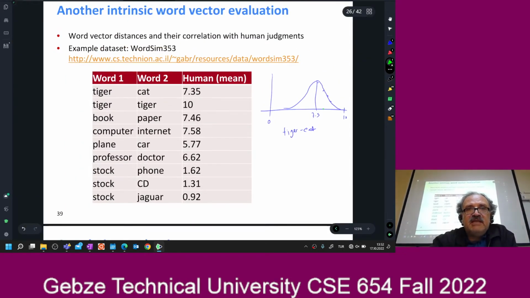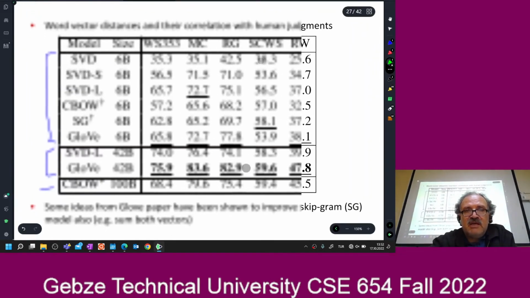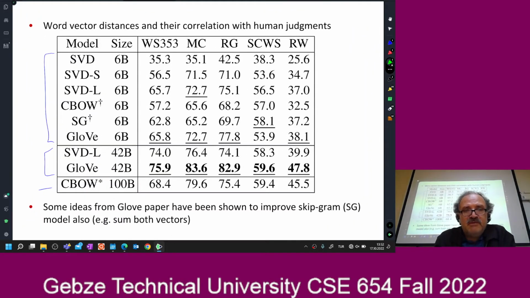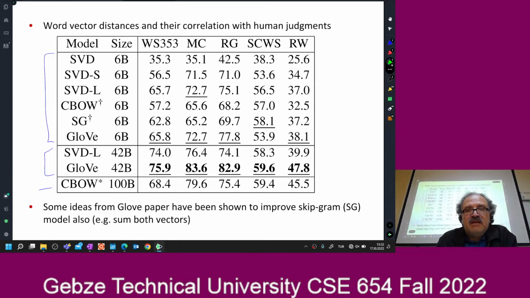That's another intrinsic evaluation. And these are the intrinsic evaluation results, okay? How much I am similar to humans in terms of vector distances. Again, let's ignore this one, this one, this one. Continuous bag of words and SG, skipgrams, are the methods that we saw last week.